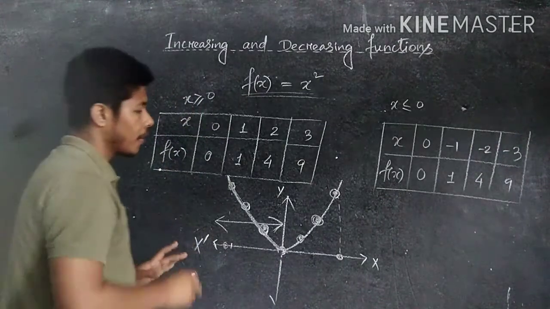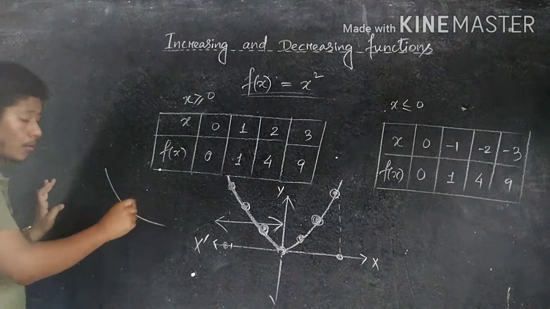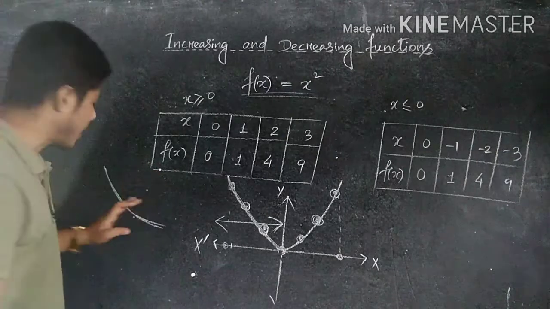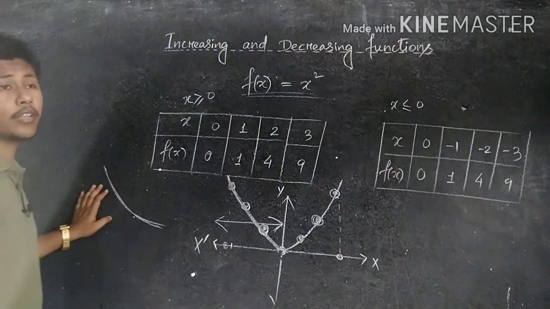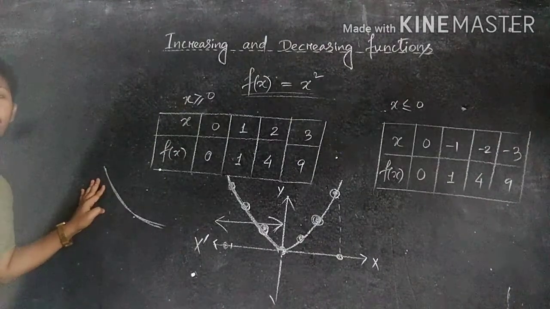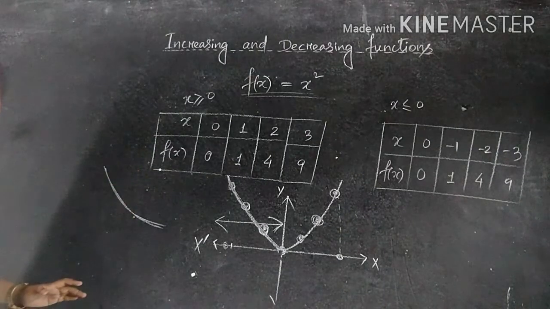So from here simply we can say when we get a graph like this, which continuously goes down, then this type of graph is known as decreasing, and this type of function is what we call a decreasing function, if the graph continuously goes down. Is it clear?